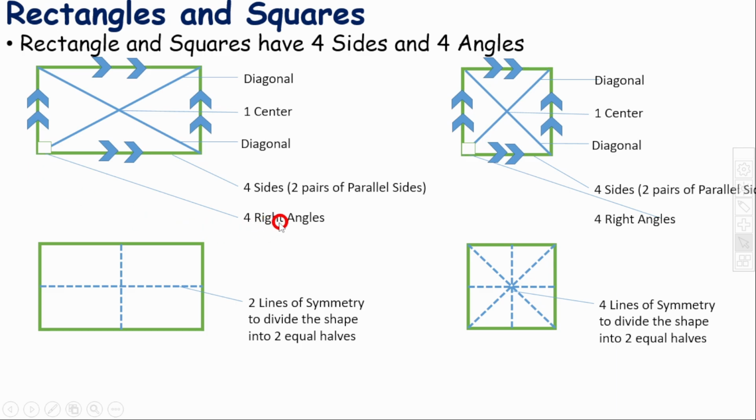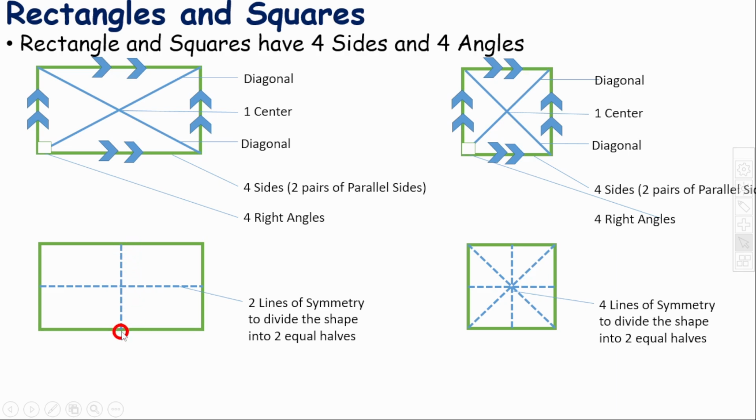It has four right angles. When you see a right angle, the angle of the right angle is what? 90 degrees. So it has four right angles, one angle here, one here, one here, and one here. Another thing about the rectangle is that it has two lines of symmetry.